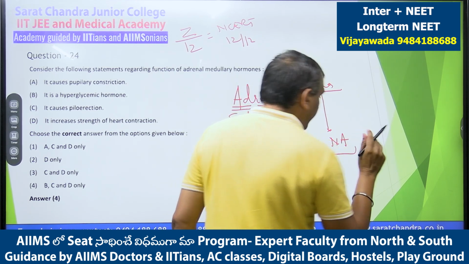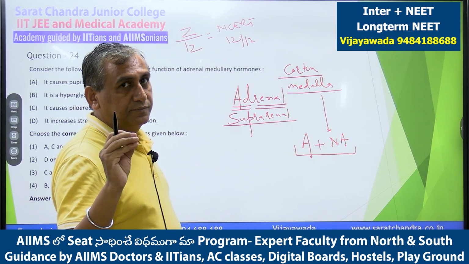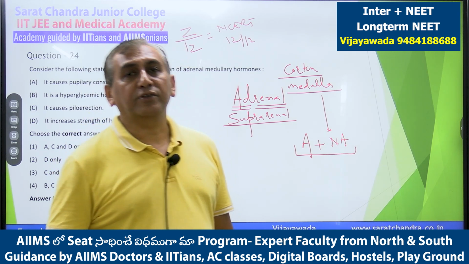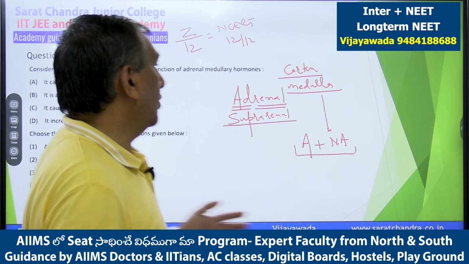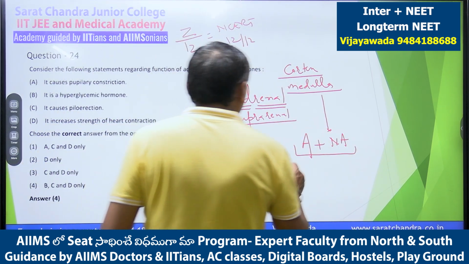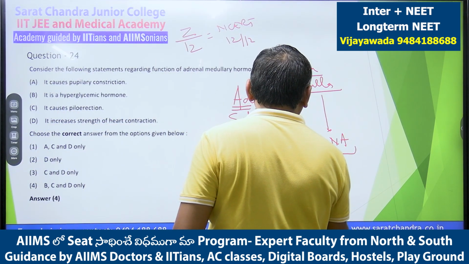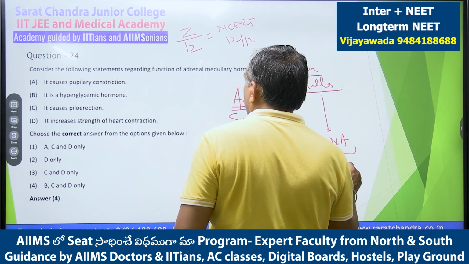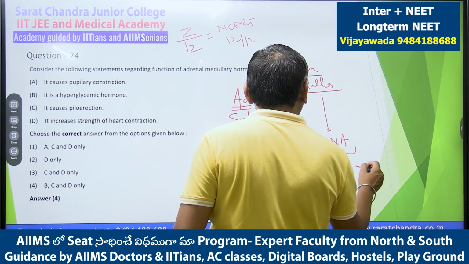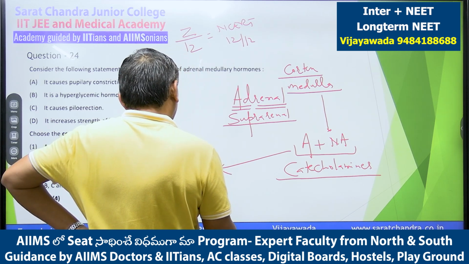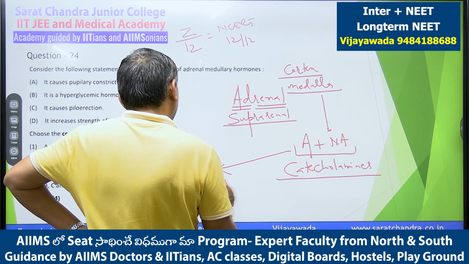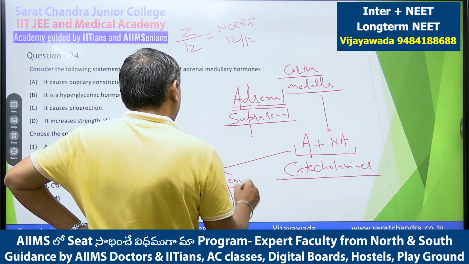They are not antagonistic. They are not opposite in function. They perform the same function. Adrenaline and noradrenaline are collectively known as the catecholamines. And they work during emergency conditions.